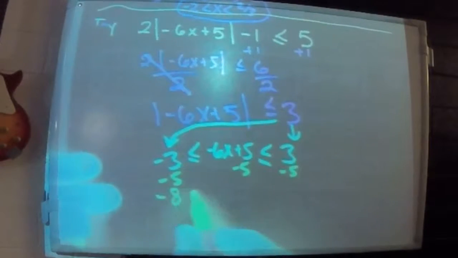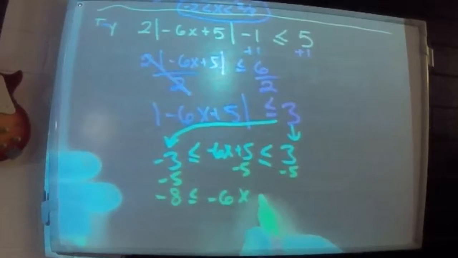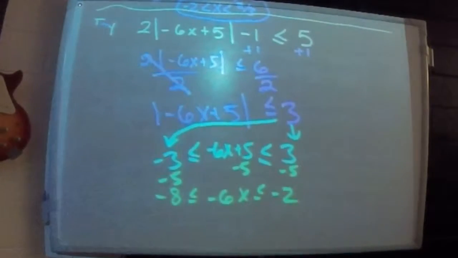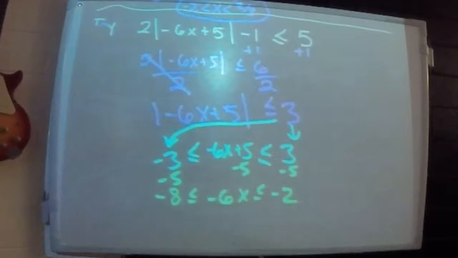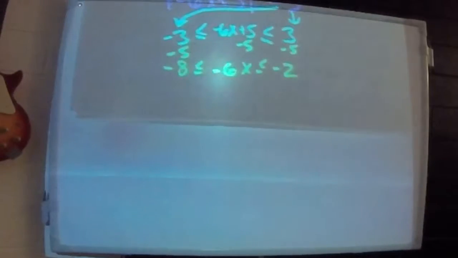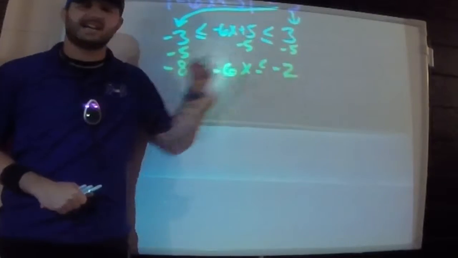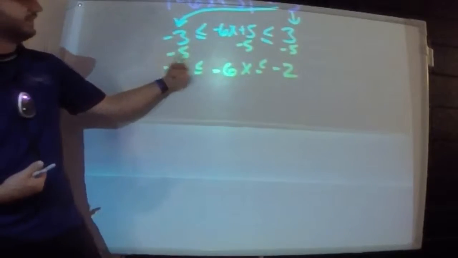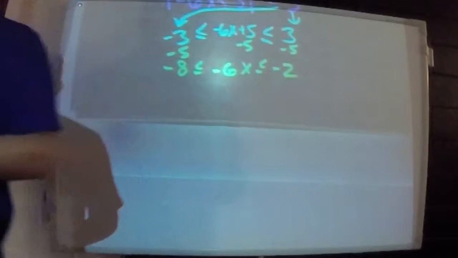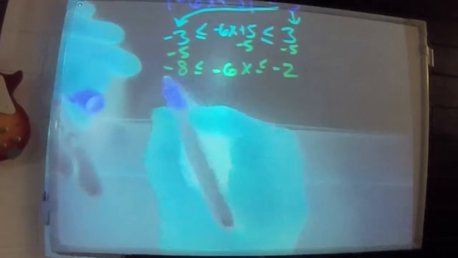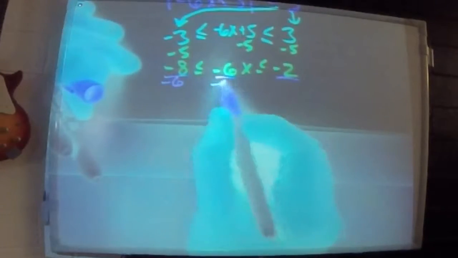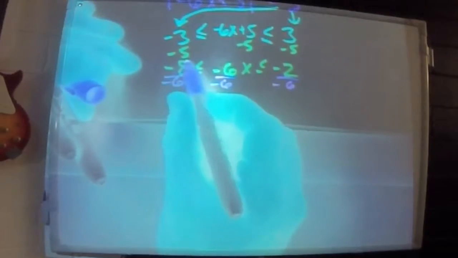Now it's -8 is less than or equal to -6x is less than or equal to -2. Notice the coefficient on the x in the middle is negative. As you divide all three sides by -6, you have to flip both of these inequalities. -6, -6, -6.